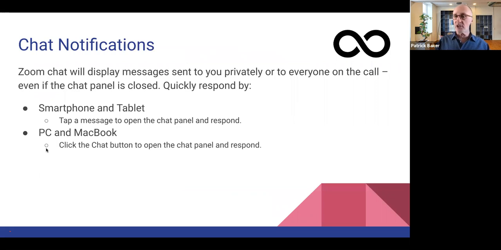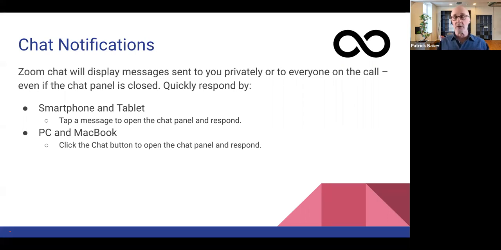The chat notifications: the Zoom chat displays messages sent to you privately or to everyone, whether or not that chat panel is open. You'll get a little pop-up that indicates that there's a message either to you individually or to the group.